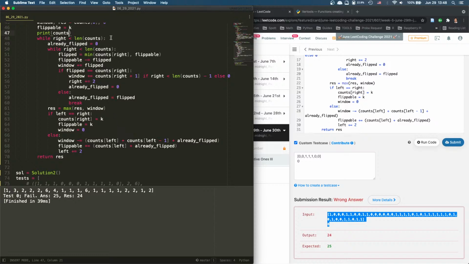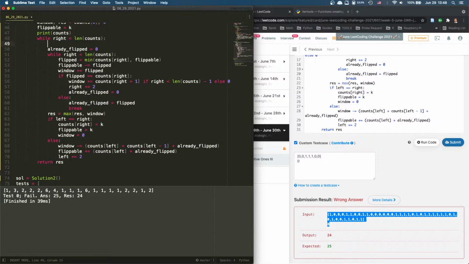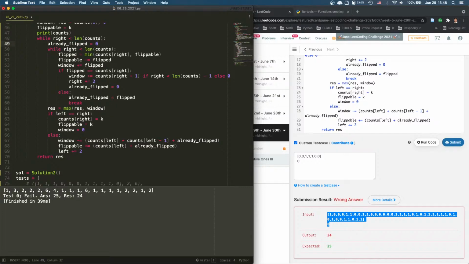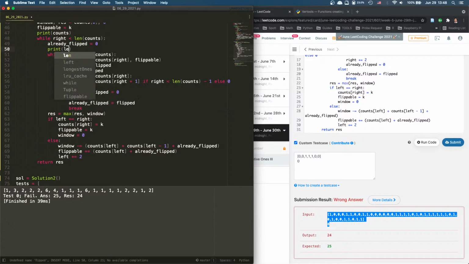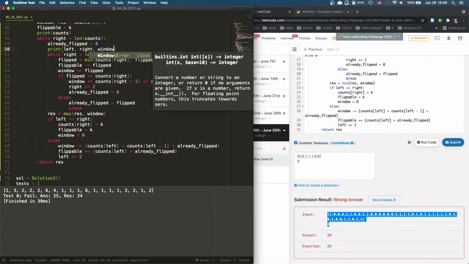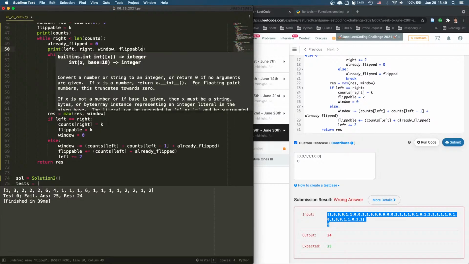Okay, so now we're gonna do starting again. Same thing. So let's say the start is going to be left, right, current window, and flippable.